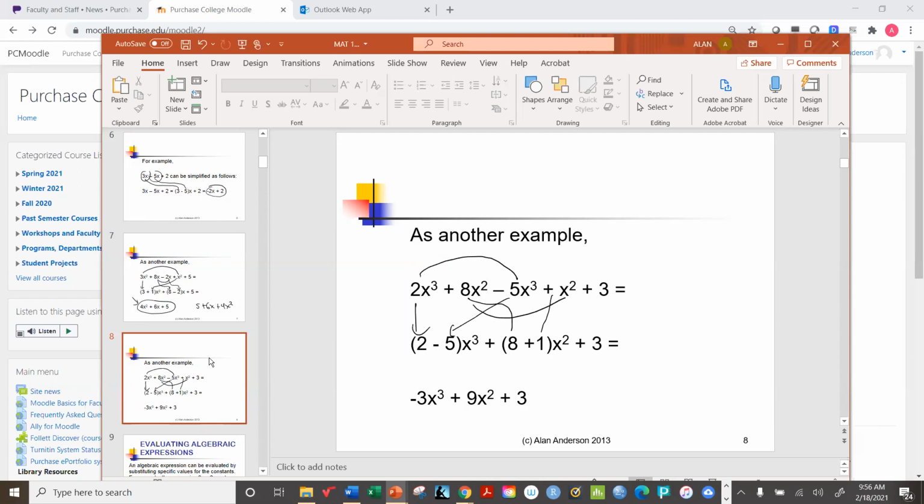Okay, so you're going to wind up with negative 3x cubed plus 9x squared plus 3, and you're done.